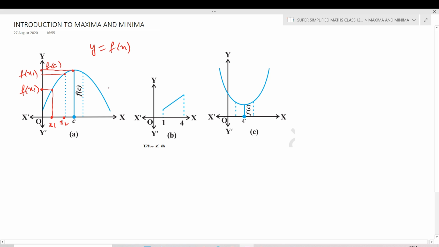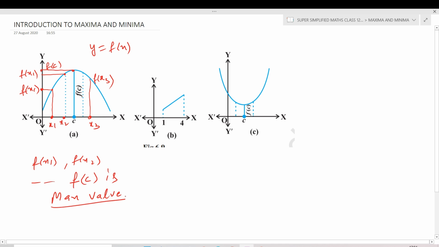So now you can see that if you take any point on the x-axis and the corresponding value of the function, out of all these values f(x1), f(x2), etc., f(c) is the maximum value of the function that it is attaining.